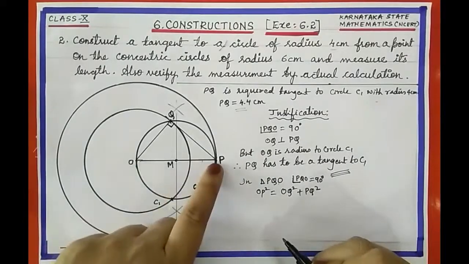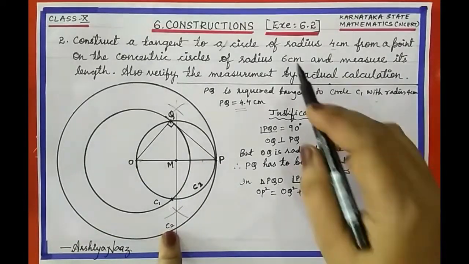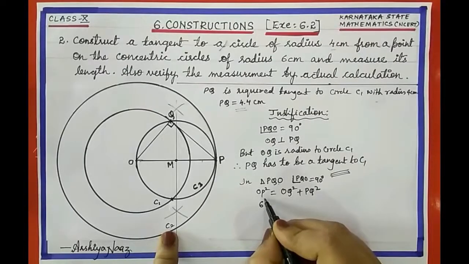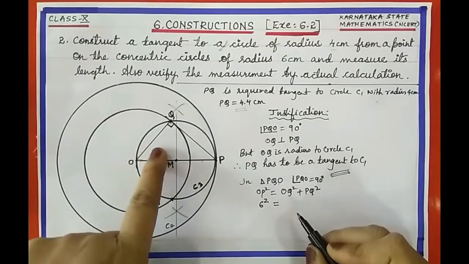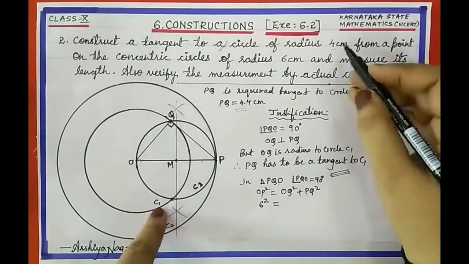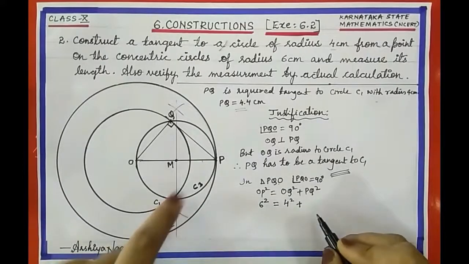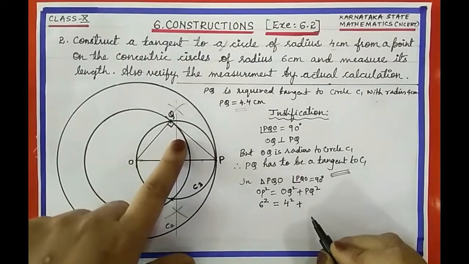OP is nothing but the radius of circle C2, that is equal to 6 cm. So for OP we can write 6 square, and OQ is nothing but the radius of circle C1, that is 4 cm. So 4 square plus PQ square, where PQ is the tangent. We need to find the length of this tangent.